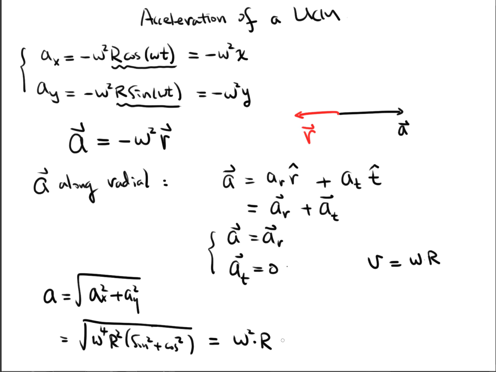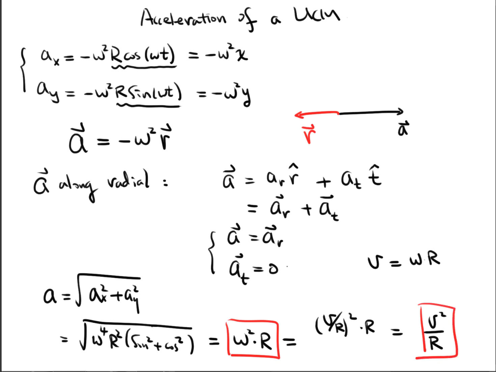So if I replace omega by v over r, then I get v squared over r. So these two expressions are equivalent, either omega squared times r or v squared over r. They both give us the magnitude of the acceleration for a uniform circular motion.